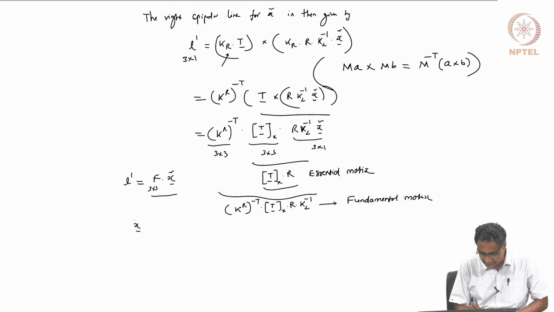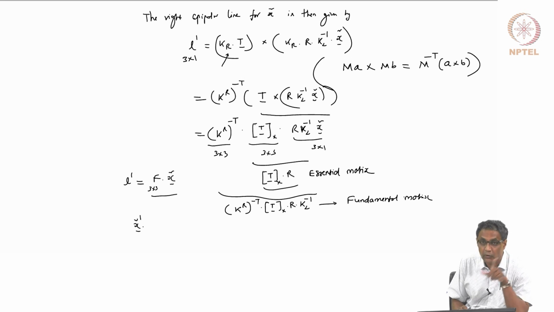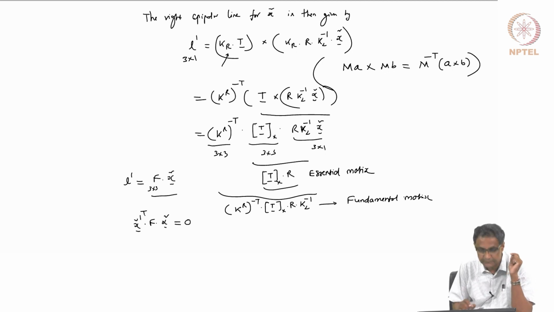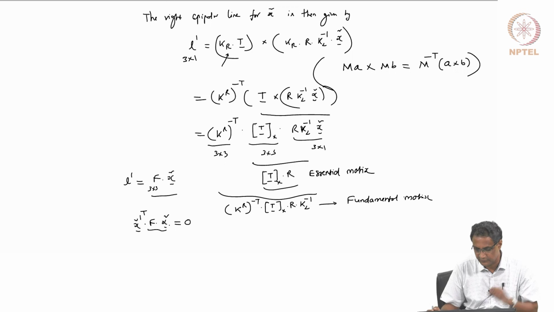In particular, if x tilde dash is actually a corresponding point of x tilde, then x tilde dash transpose F x tilde is equal to 0. This is simply a dot product of the line with that point. It is just making sure that if that point lies on that line, then its dot product with that line should be 0.